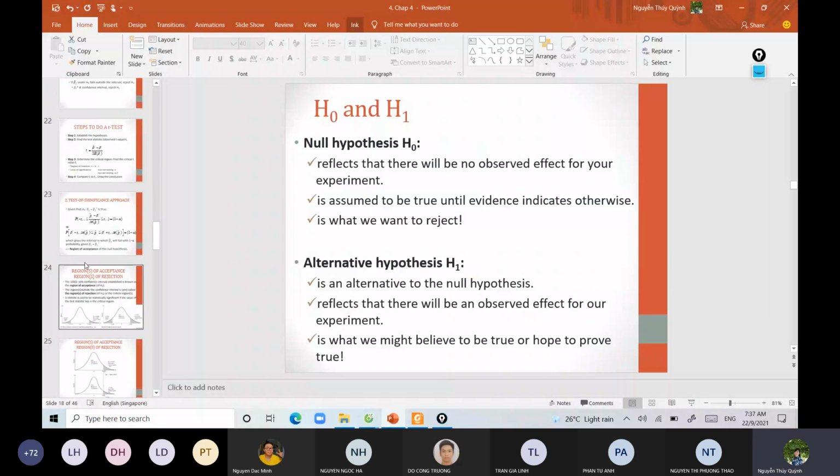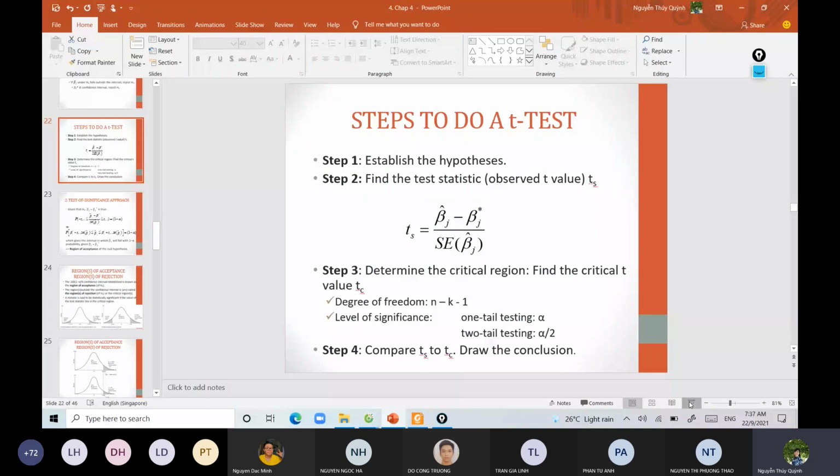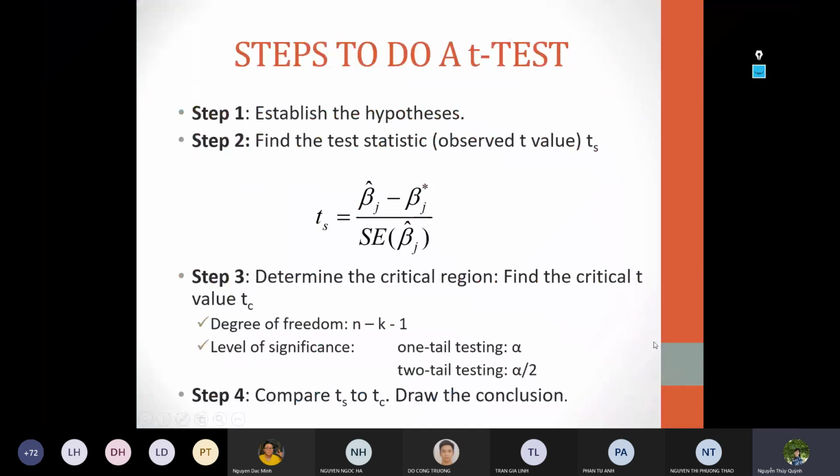Let's remind the steps in doing a t-test. Step one, the same as every test, we state the hypothesis. In step two, we calculate the test statistic, or the observed value of t. We call it TS.